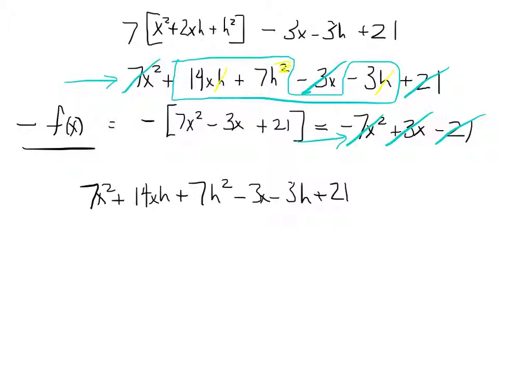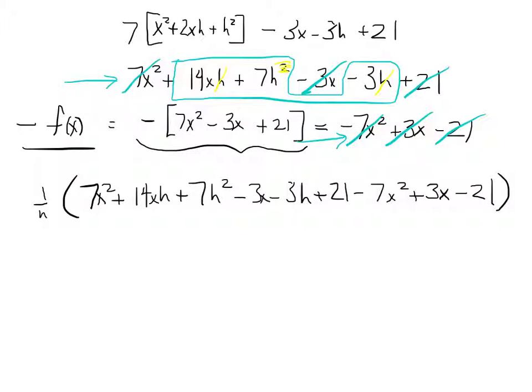Now I'm going to incorporate this. Minus 7x squared plus 3x minus 21. All of that, I like to write this. That's how the pros do it. They don't draw a huge fraction bar. And divide by h. I don't know. I like it that way, though.